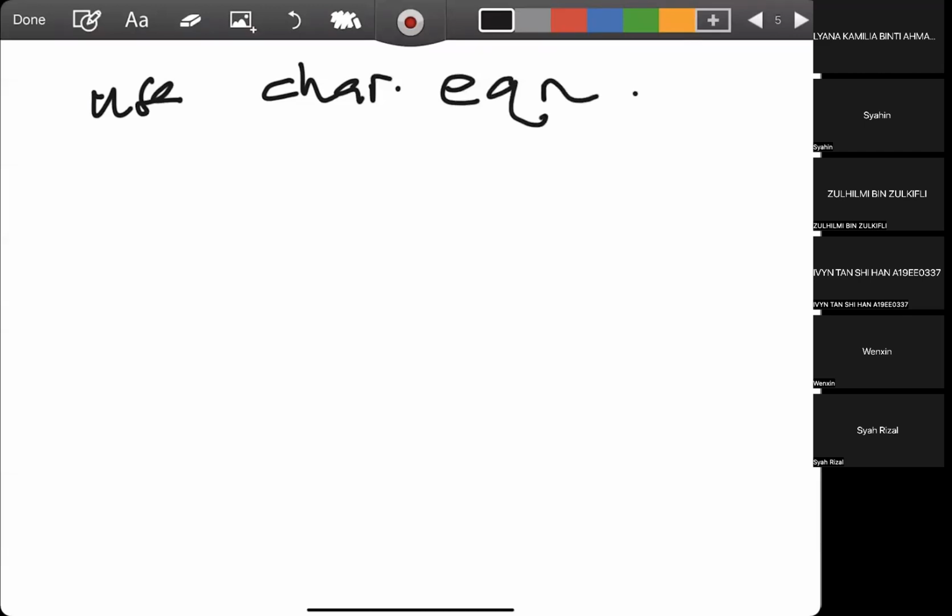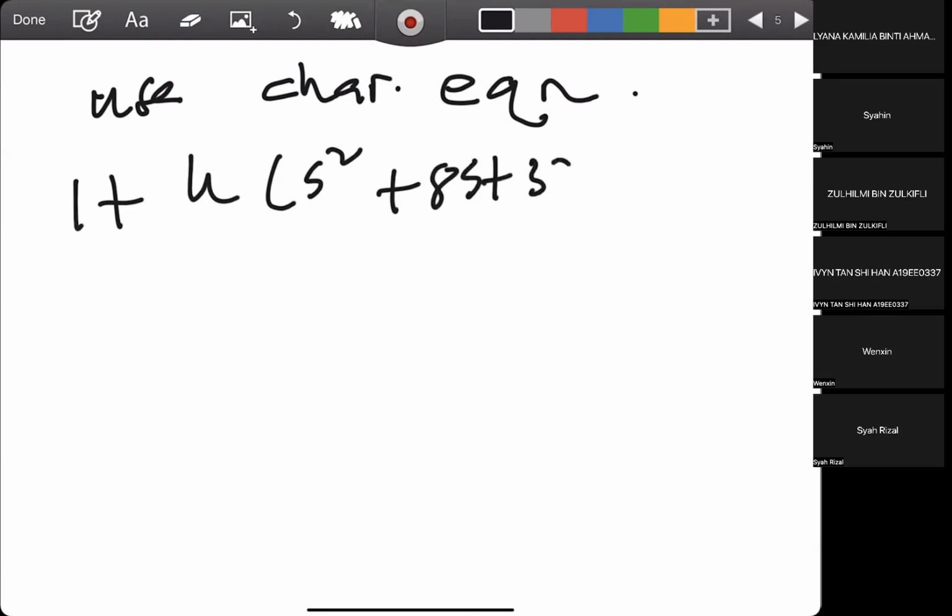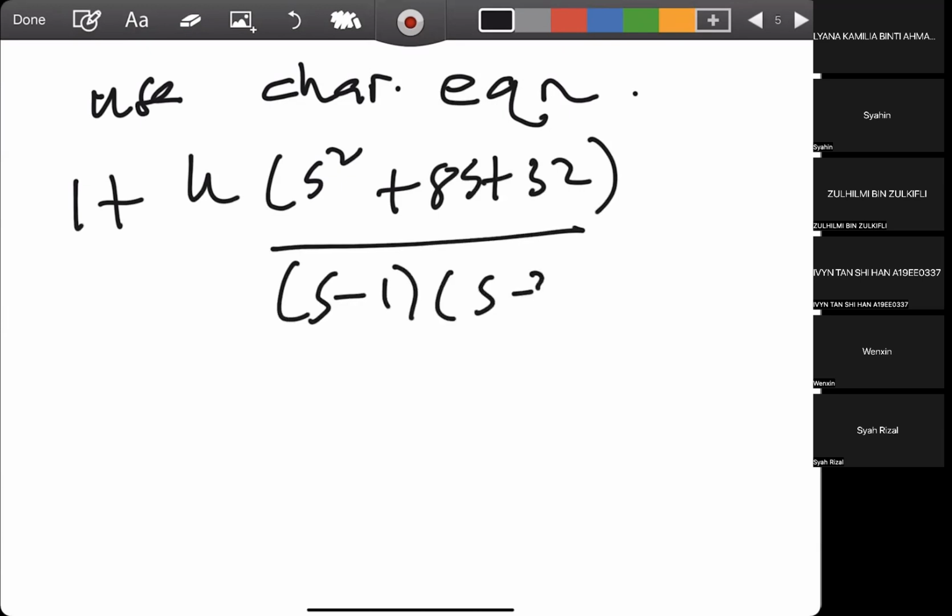Characteristic equation. Okay. So you simplify, so you will get 1 plus K.